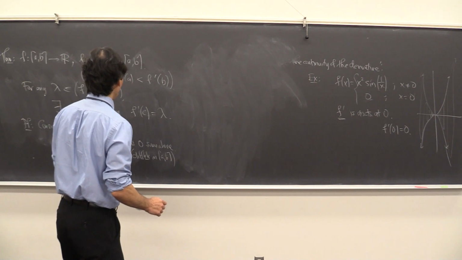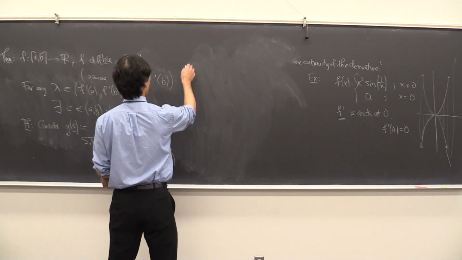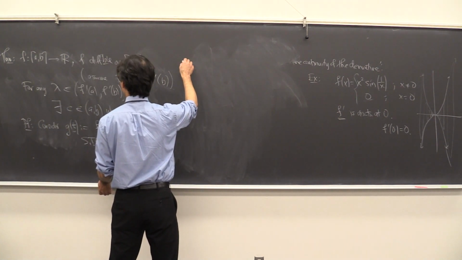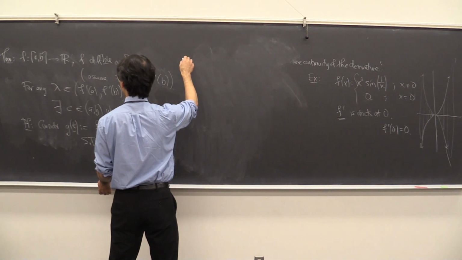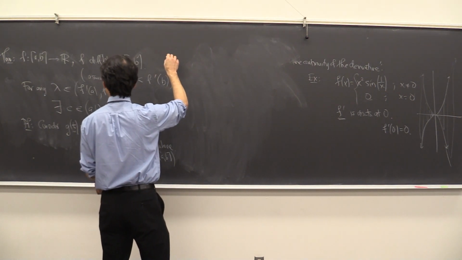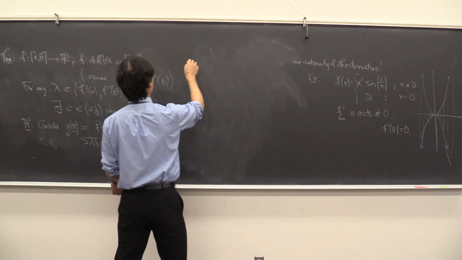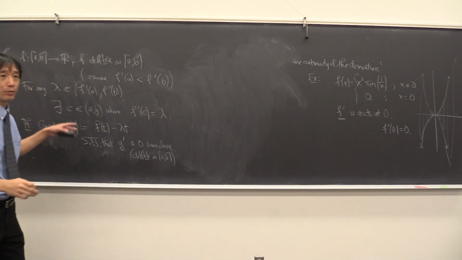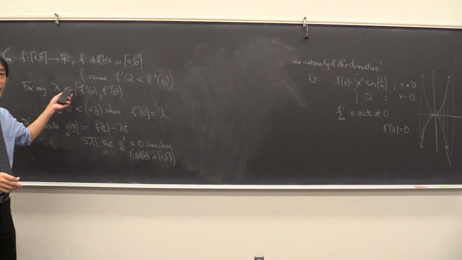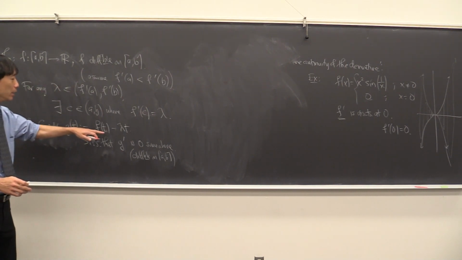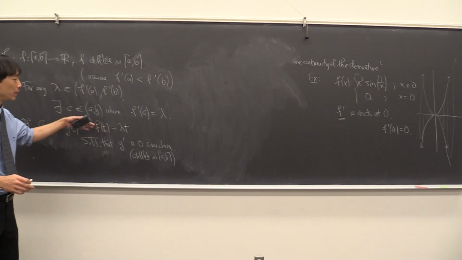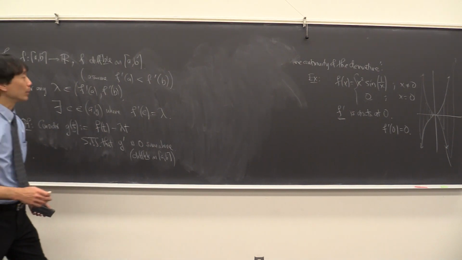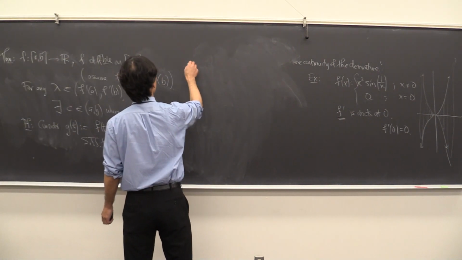Okay, so all we have to do is show that g attains a max or a min, right? Because if g attains a max or a min inside, then it must have a slope of 0 there. Okay? So think.